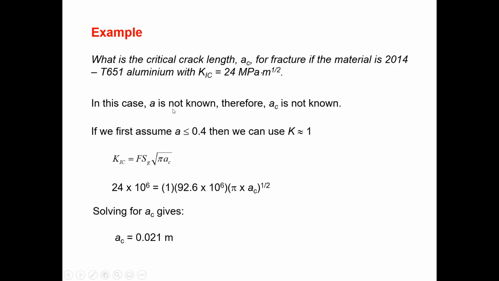In this case, a is not known, therefore a_c is not known. So you only know the KIC. So you need to use this equation, substitute the KIC value, and find out the a_c value.